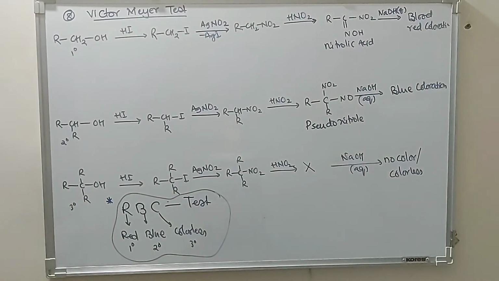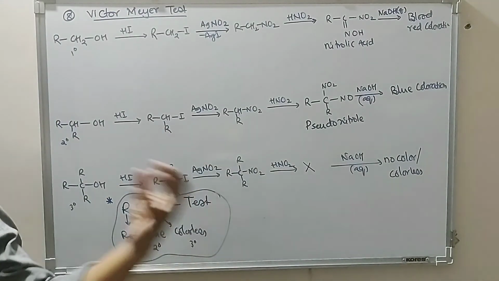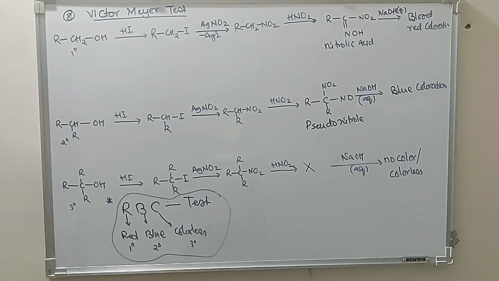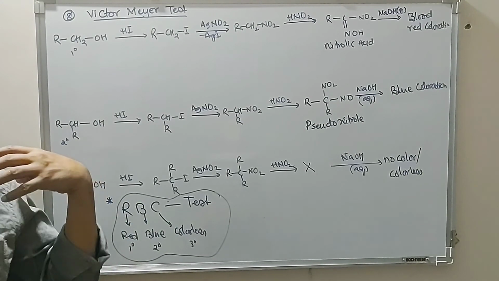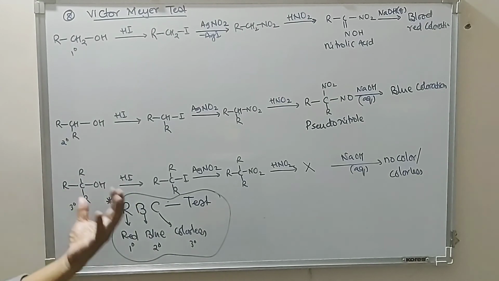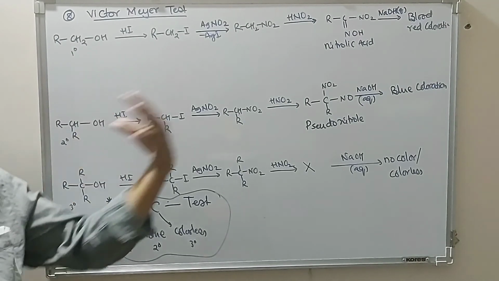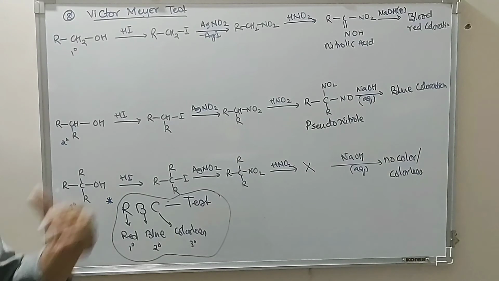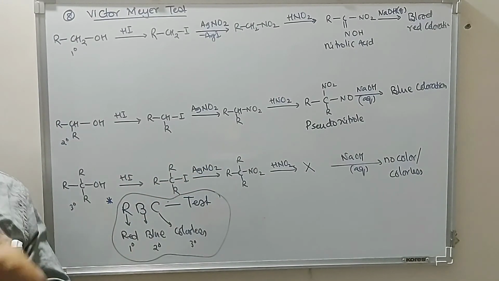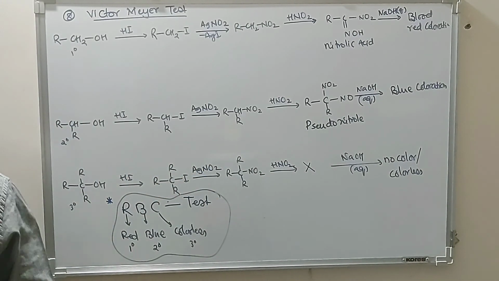So this is the test for alcohols. So these are some of the important reactions which involve breaking of the OH bond, breaking of the CO bond, oxidation, dehydrogenation, or dehydration reactions, or how to distinguish between primary, secondary and tertiary alcohols.